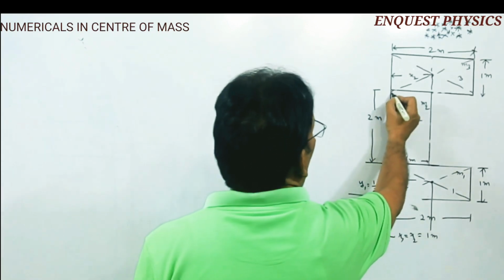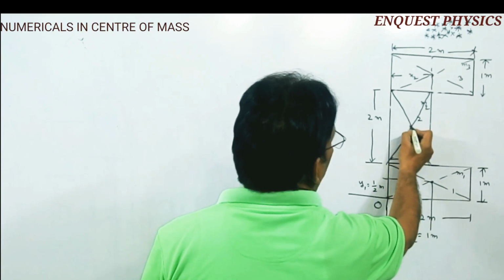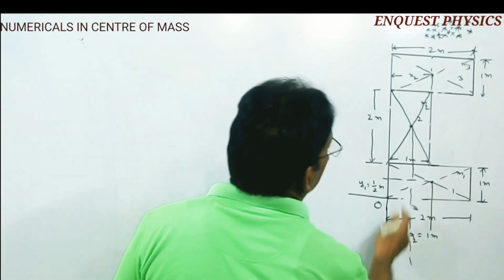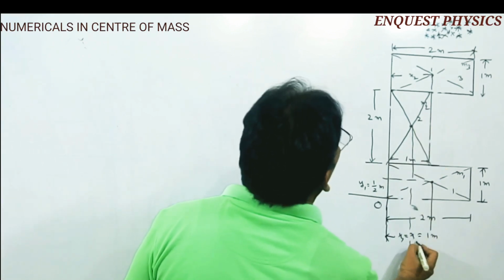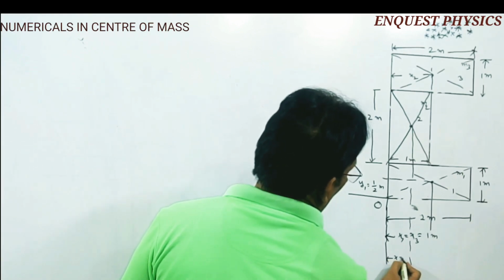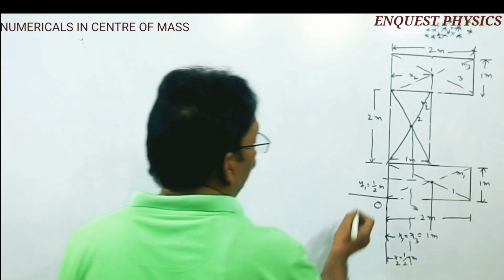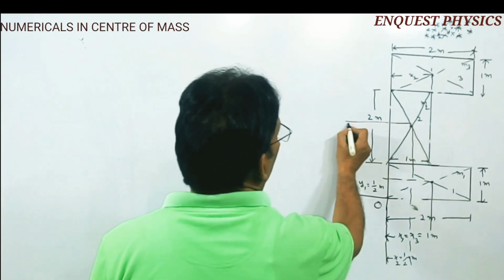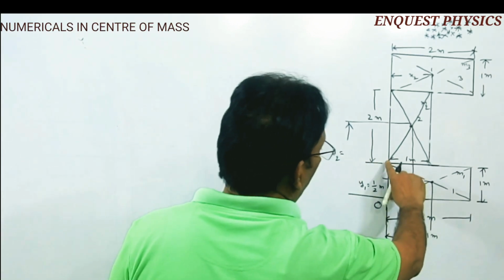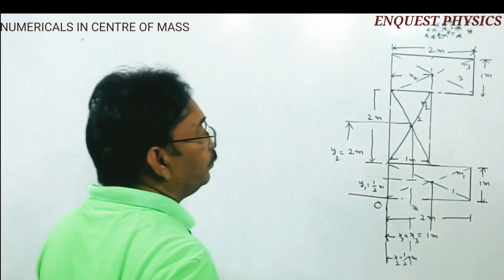And if you go with this geometrical center, that's the x3, isn't it? It is x2. x2 is equal to half meter. Then we have to go with the y2. y2 is equal to 1 plus 1, 2 meter.